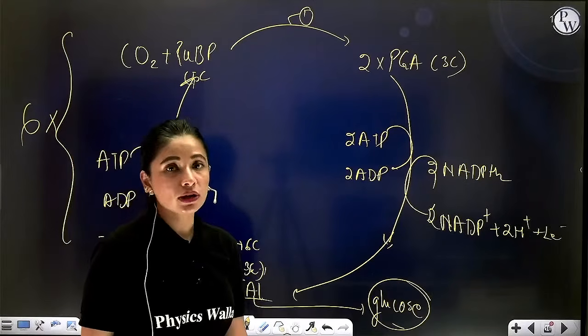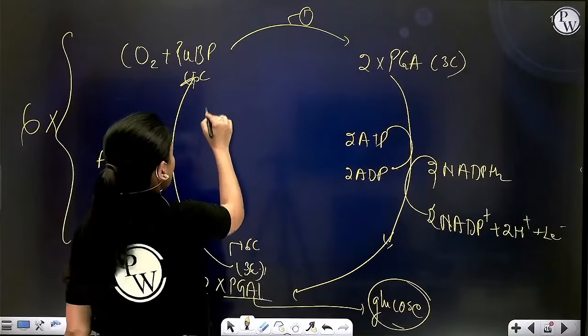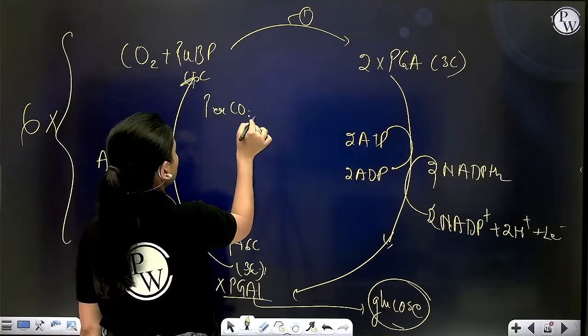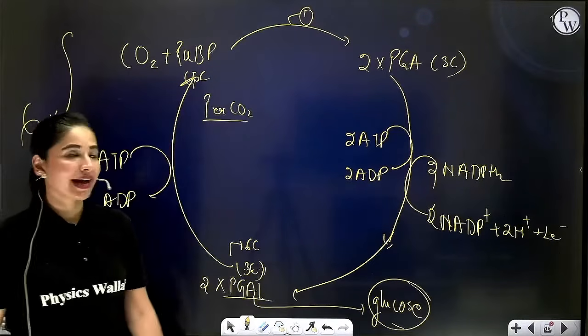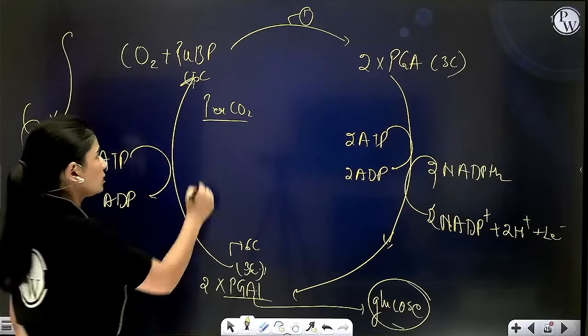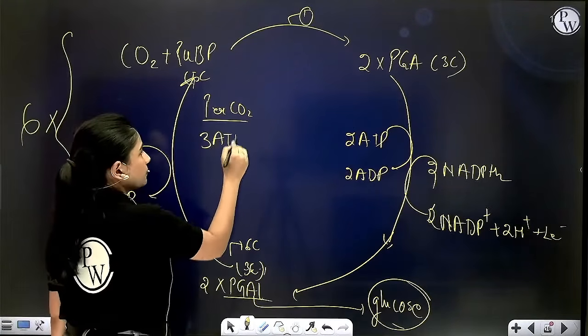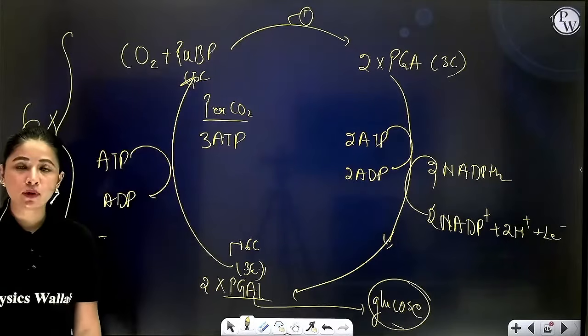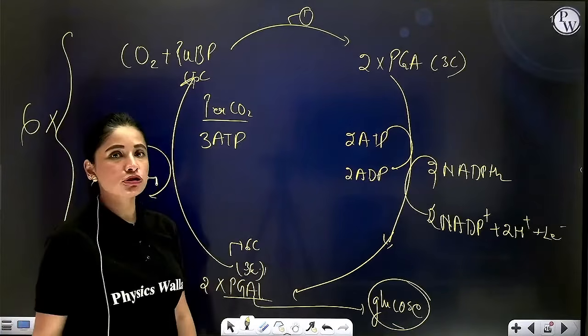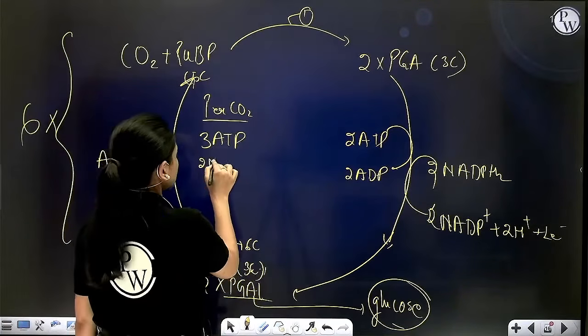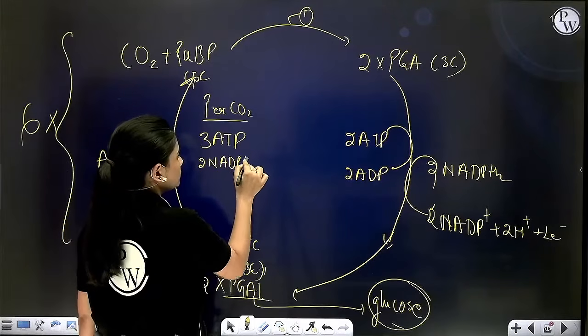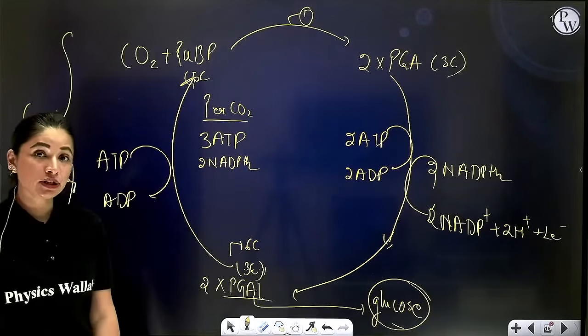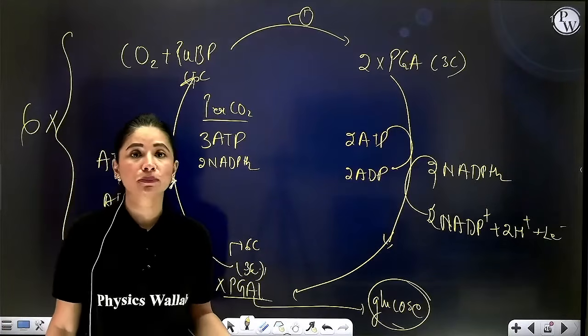Now let's focus on its energetics. Per CO2, the total number of ATP utilized is 2 and 1, so 3 ATP. And along with 3 molecules of ATP, 2 molecules of NADPH2 are also consumed. But this energetics is with respect to per CO2.